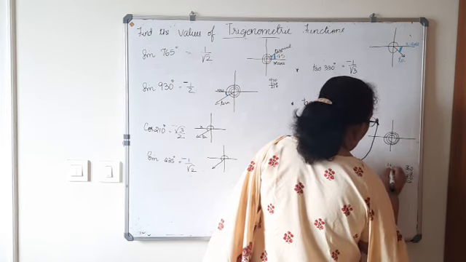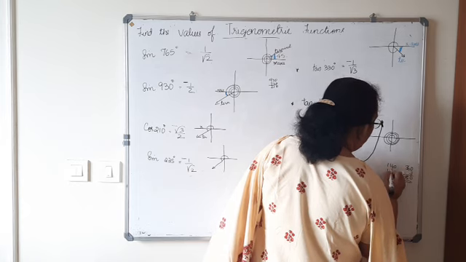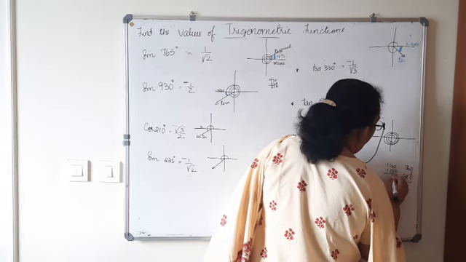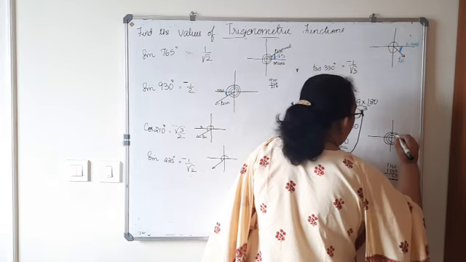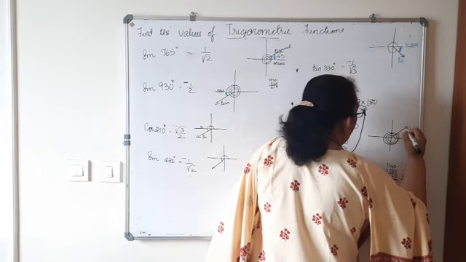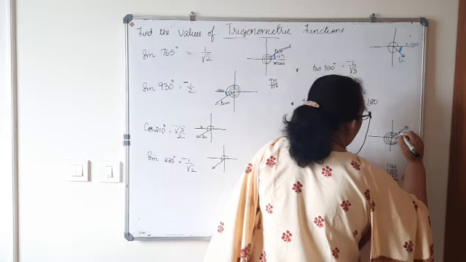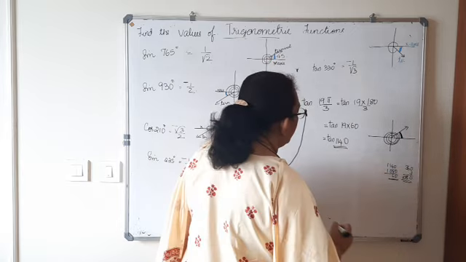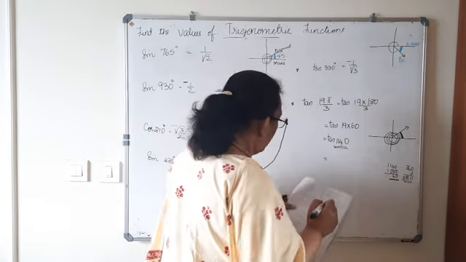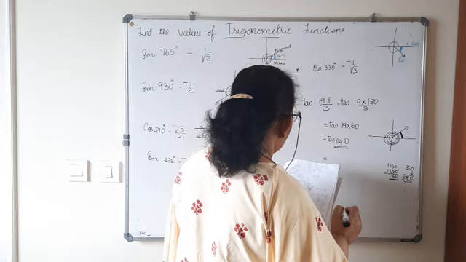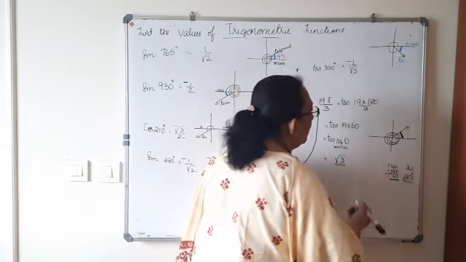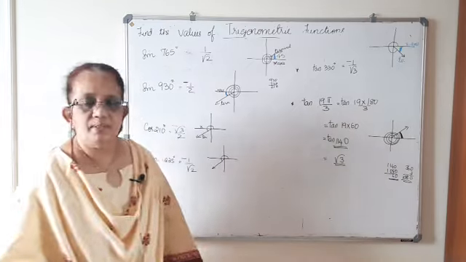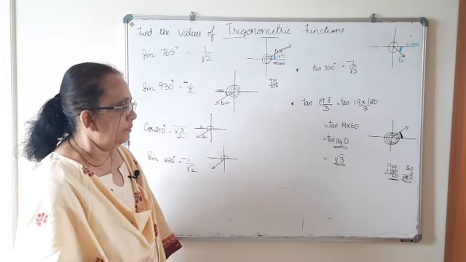Then 1140 minus 1080 is equal to 60 degrees. Tan 60. What is tan 60? Tan 60 is equal to root 3. And it comes in the first quadrant. So in the first quadrant it is positive.